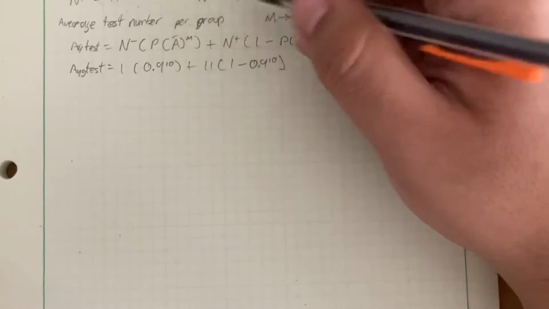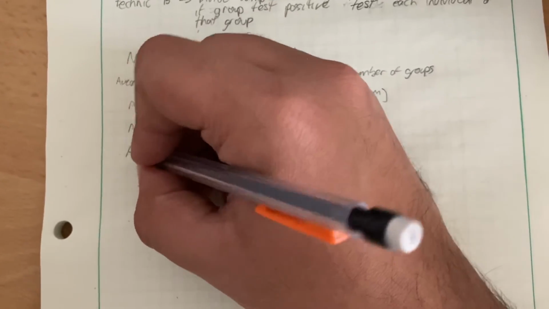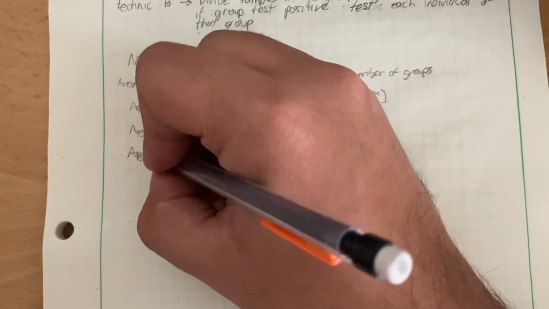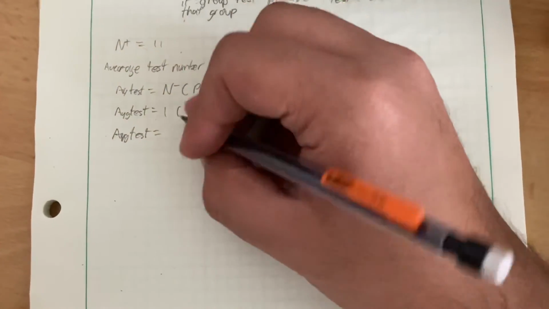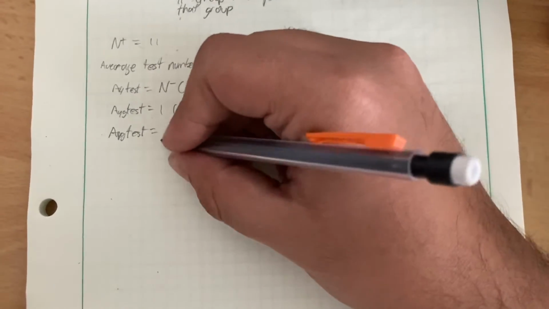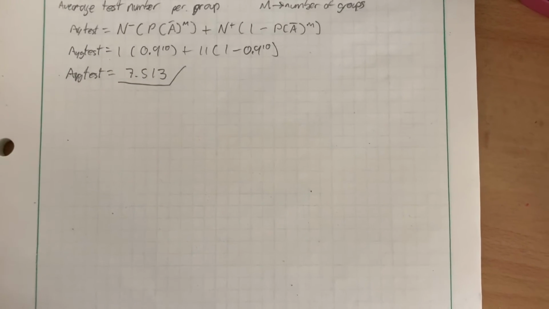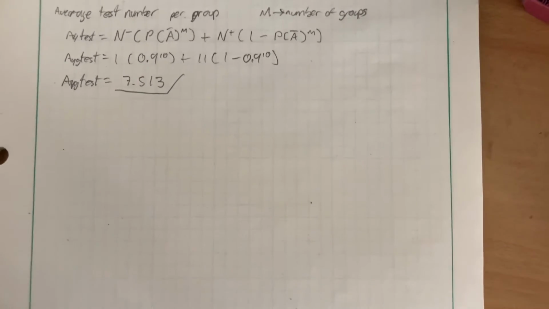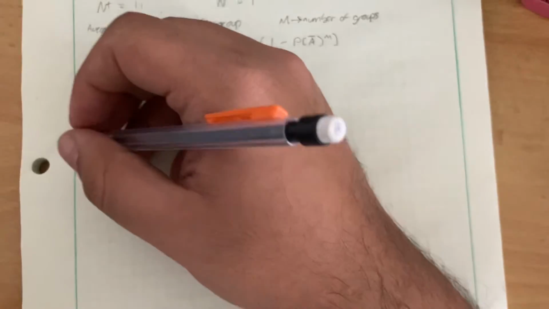Now solving this equation, we get that the average number of tests for each group is going to be equal to 7.513. Now, to get the average number of tests for all 10 groups, we multiply this by 10.